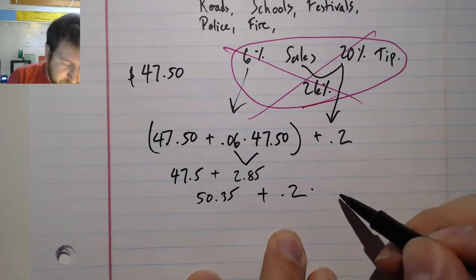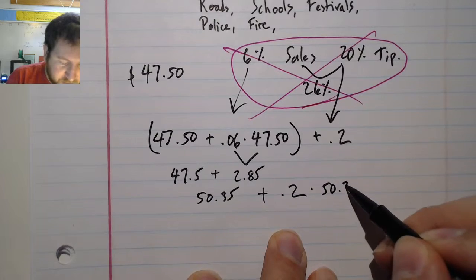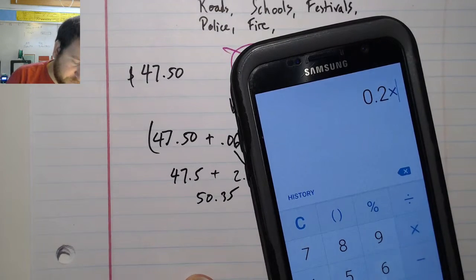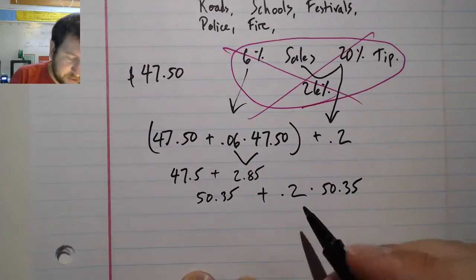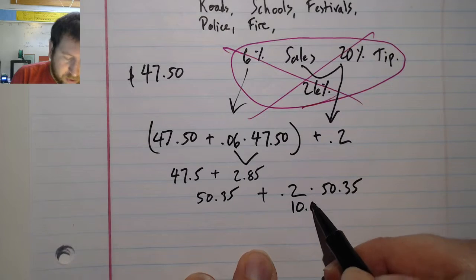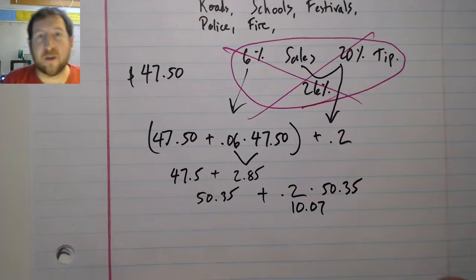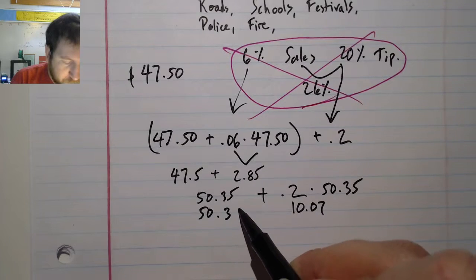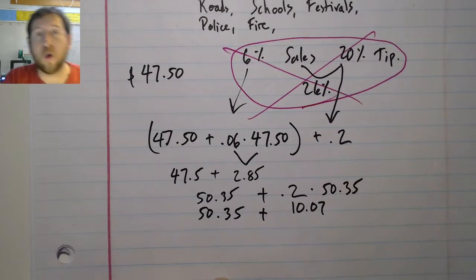So I'm going to say 0.2 times 50.35. 0.2 times 50.35 is equal to $10.07.